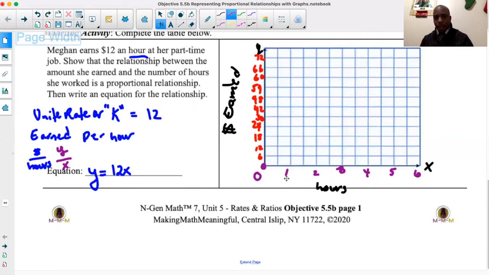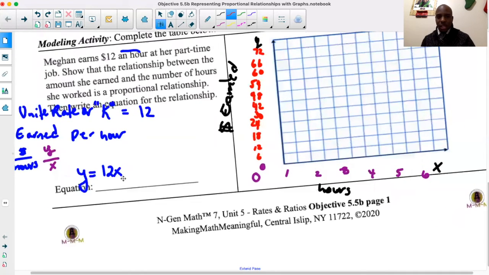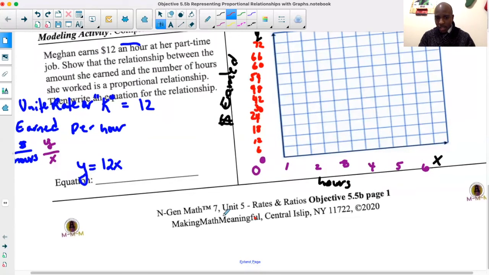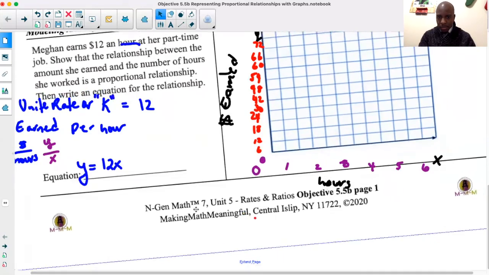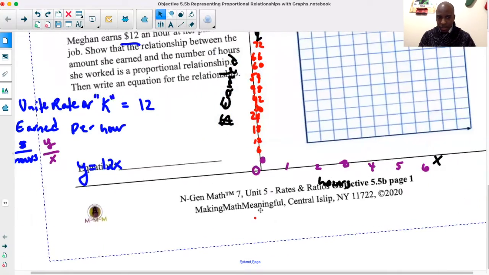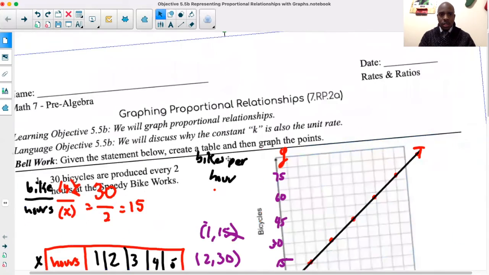Now, my points here, I noticed at 1, right? If you want to make a table, ladies and gentlemen, the table's fine. I'm not sure why it's doing all this weird stuff, so I apologize, ladies and gentlemen. Hold on. Let me just fix this. Give me a second. I'll fix it.